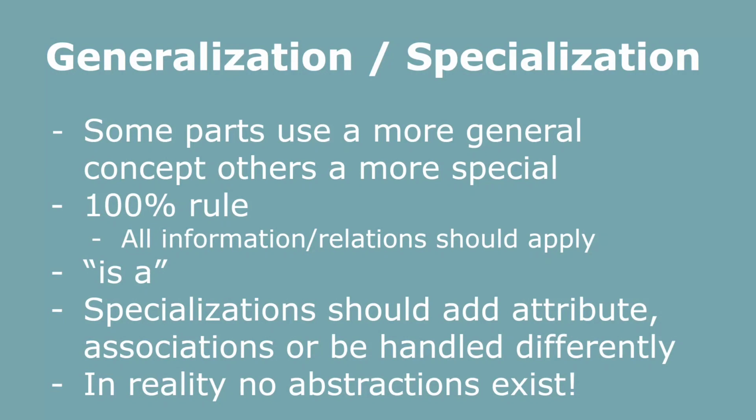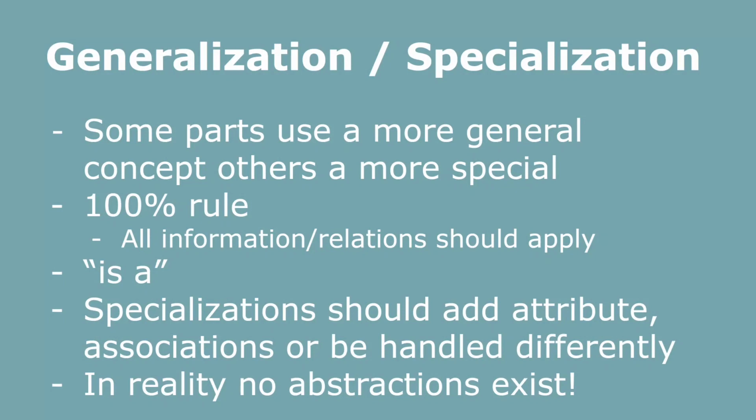Finally, the domain model can also include general concepts. So maybe you have a concept that is a more general version, and you have a couple of classes that are more specific versions of this general concept. We can imagine that student and teacher have some parts that are duplicated between them.